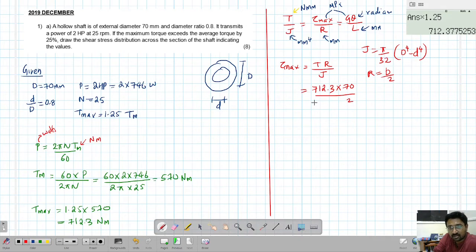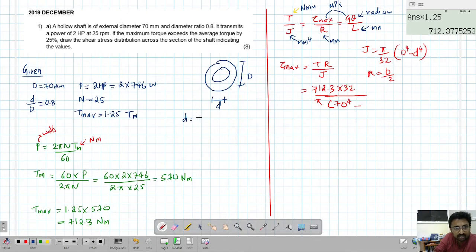J is pi by 32 into D raised to 4 minus d raised to 4, where the pi by 32 will go up. Capital D is 70, so 70 raised to 4 minus small d raised to 4.